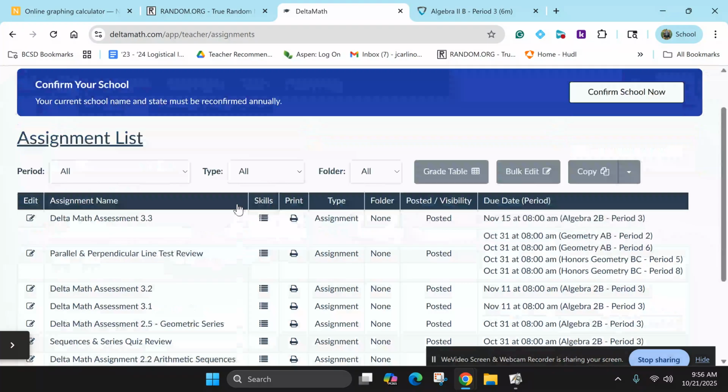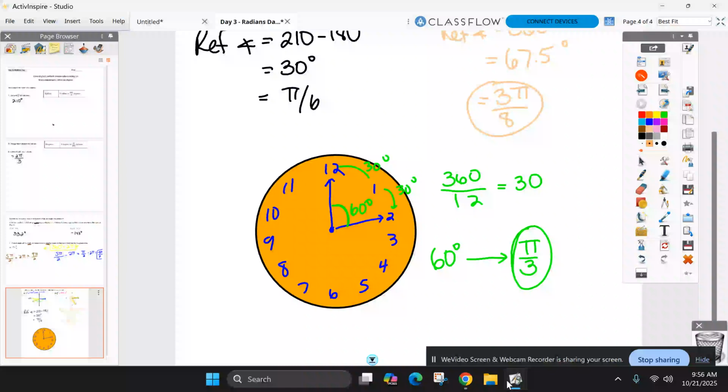Should be Delta Math 3.3. And I appreciate if you work right up to the bell.